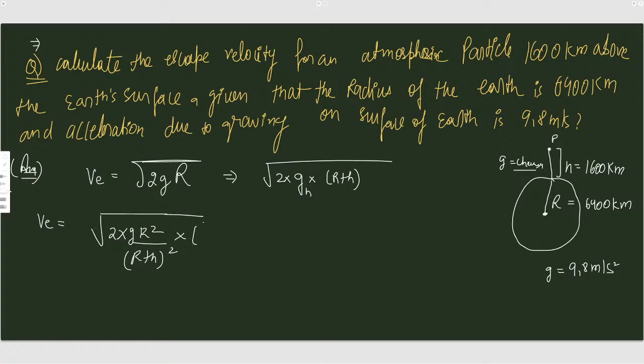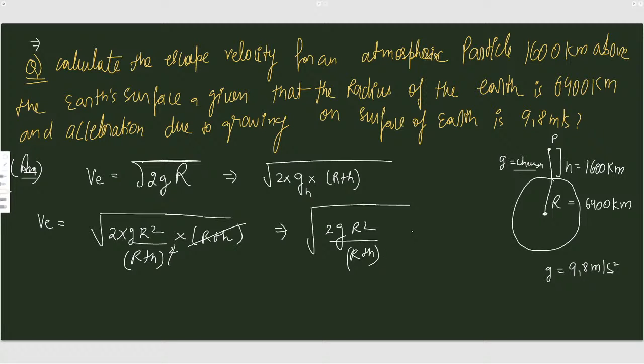Then R plus h whole square can be cancelled by R plus h, and we get root 2 g R squared upon R plus h.